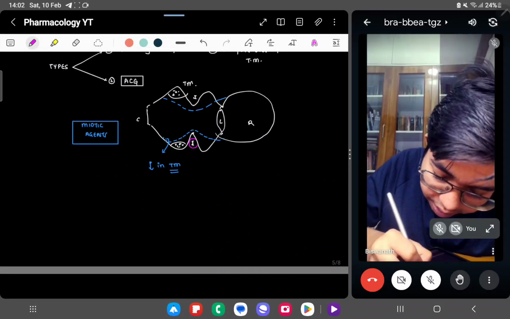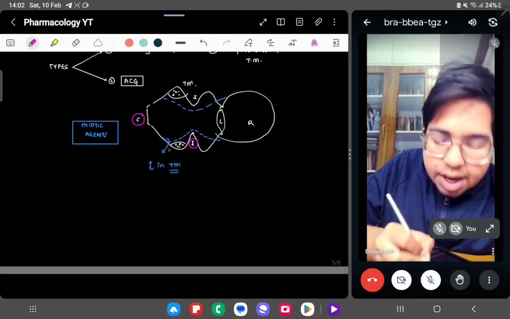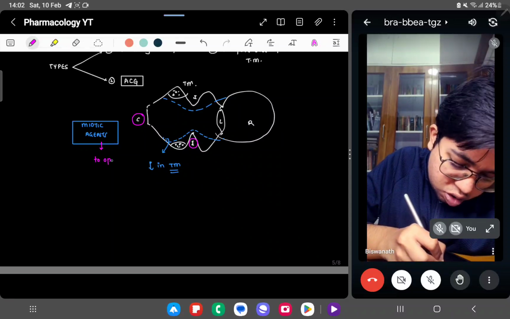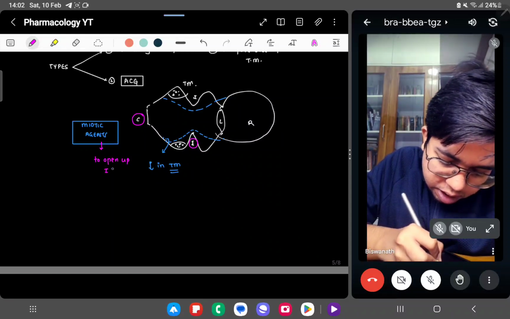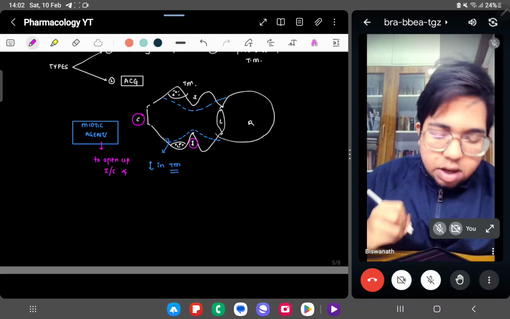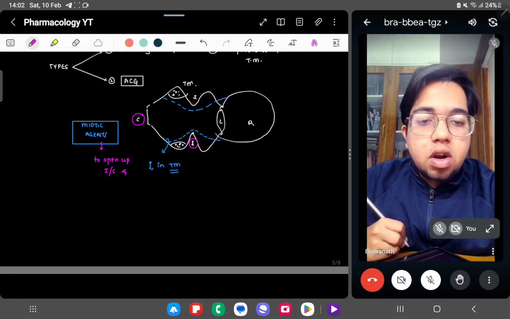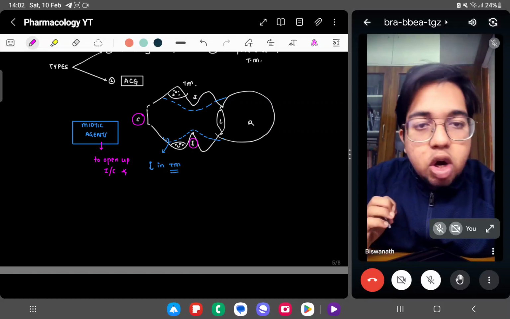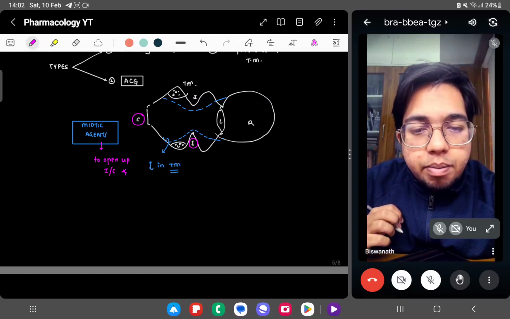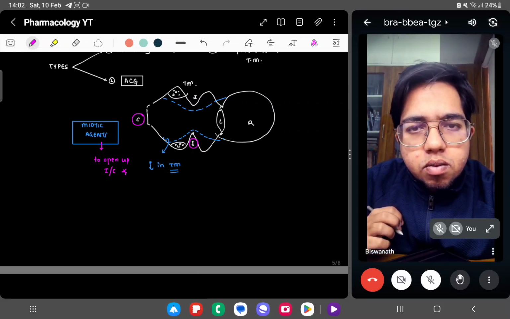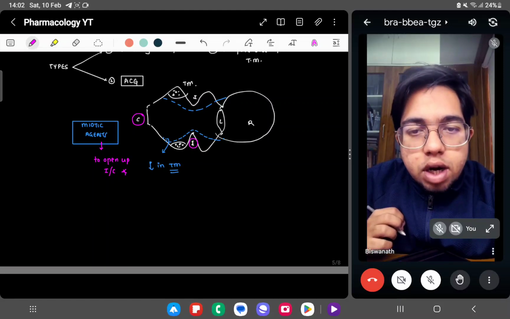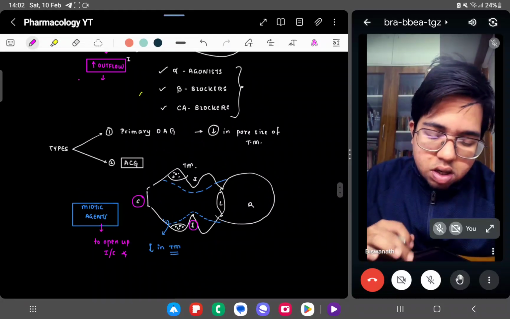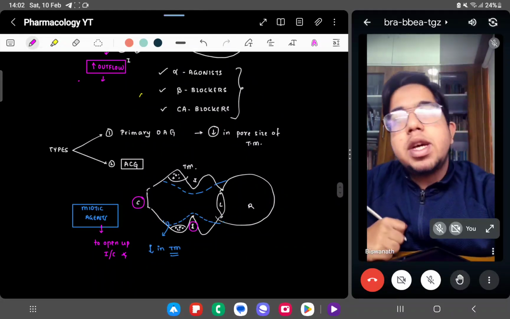This is the irido-corneal angle, the IC angle. To open up the IC angle, or the irido-corneal angle, you will give the miotic agents. Okay. So if you could understand this concept, let's discuss one more thing.